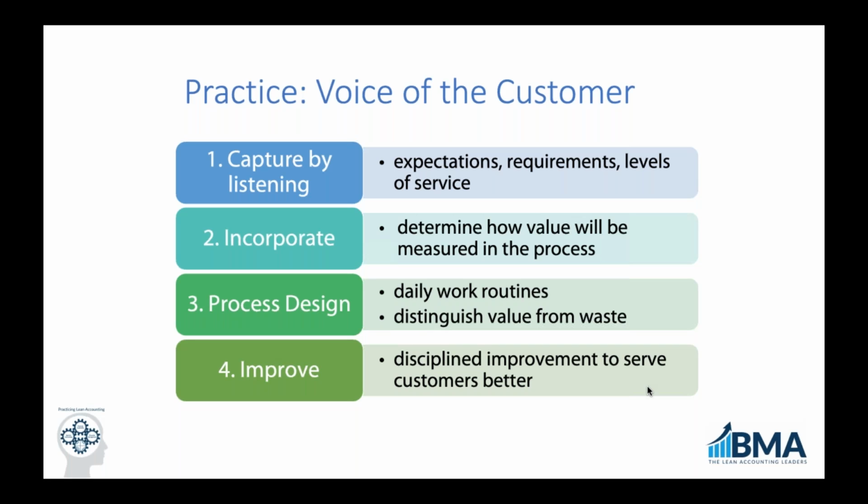Listen to the customer, incorporate their requirements by understanding how we would turn what we've heard from them into a measurable performance standard. Look at the processes that actually deliver on that outcome and understand how they're performing, and then work to improve those. So we're going to talk about each of these a little bit with some examples. The first one is really to go ahead, Nick.